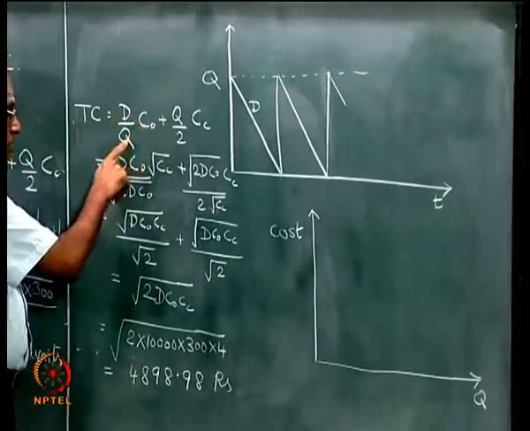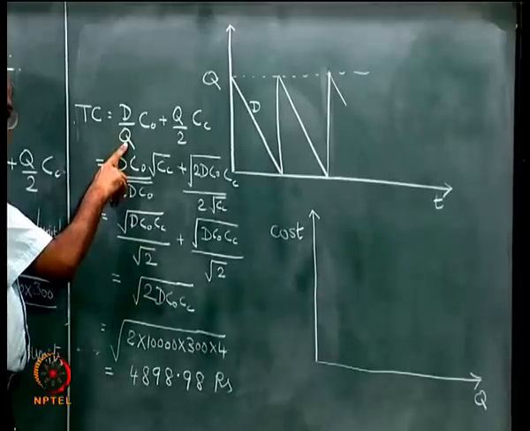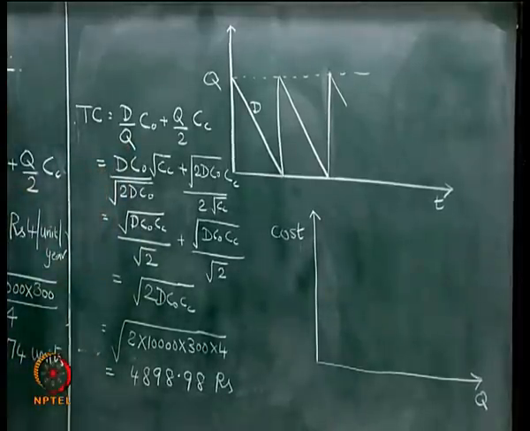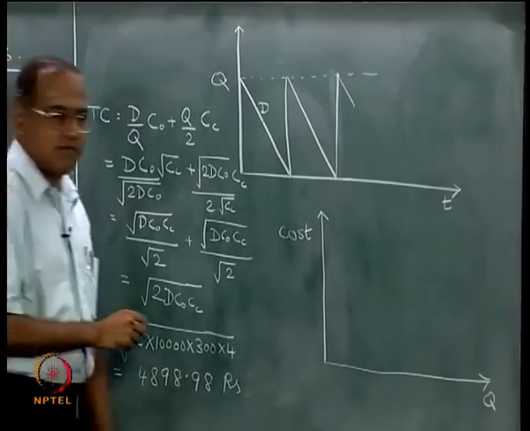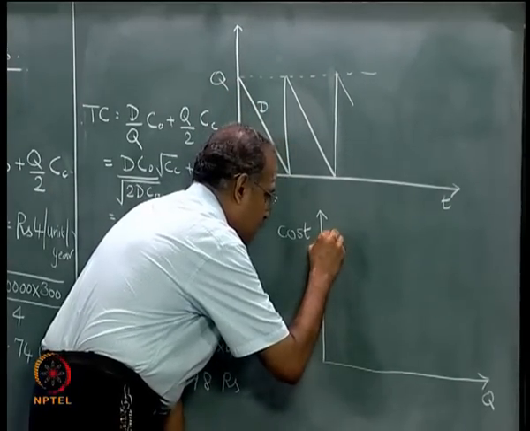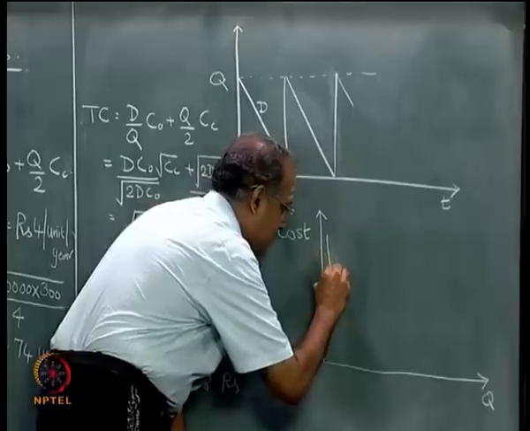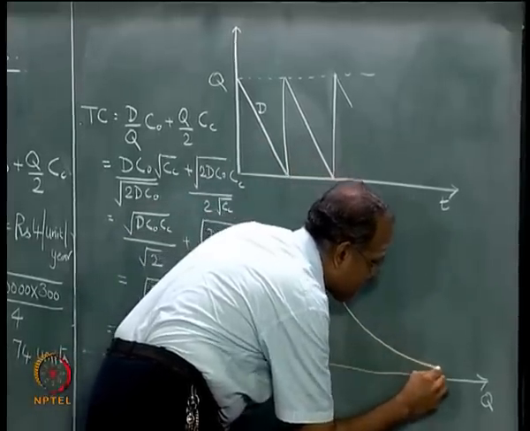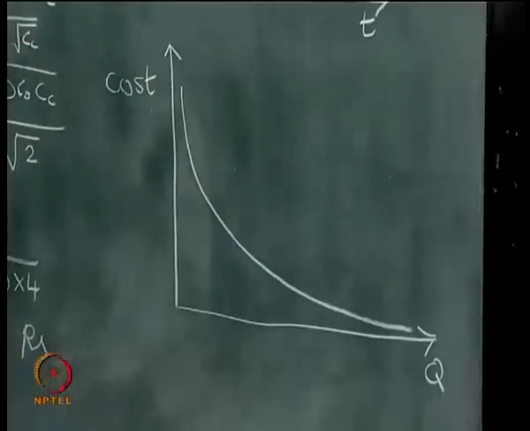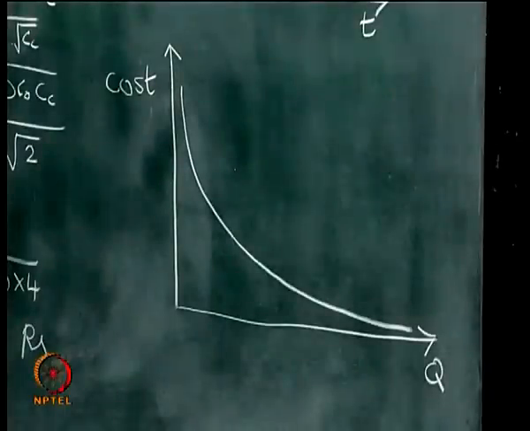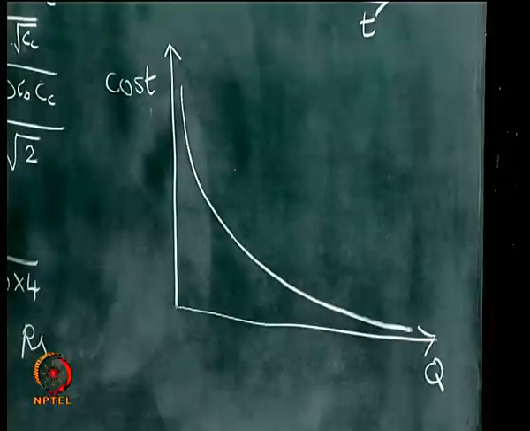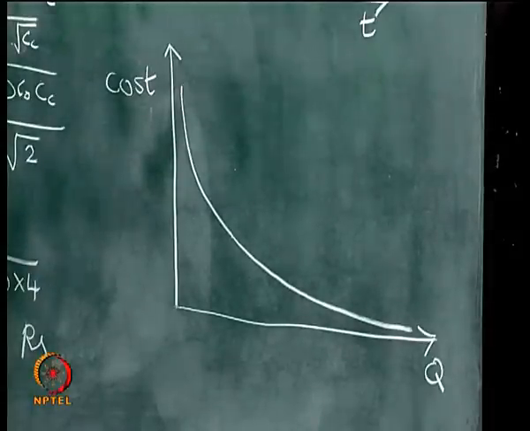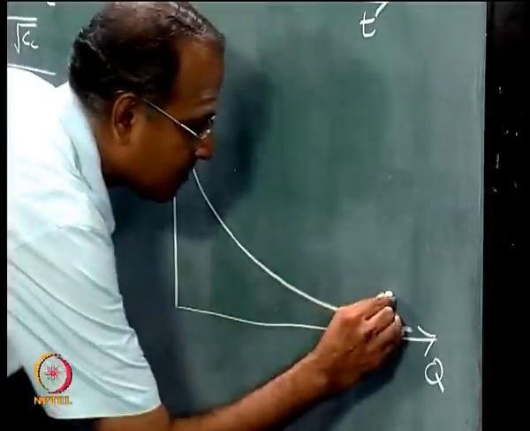D and C naught are known, Q is the unknown, so it is constant divided by Q. So, when we draw this, the curve will be like this. This will be the order cost curve, a rectangular hyperbola which will show this D by Q into C naught. This is the order cost.